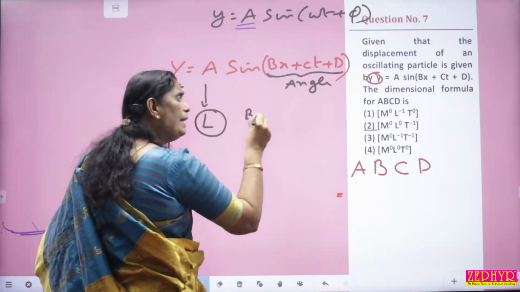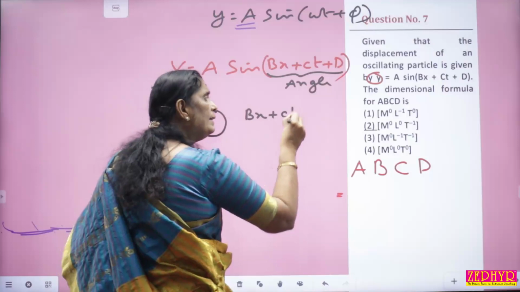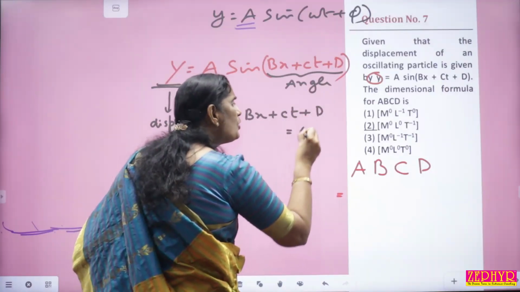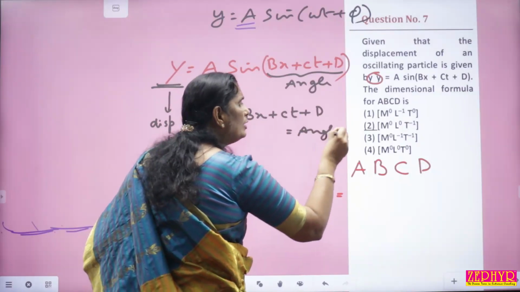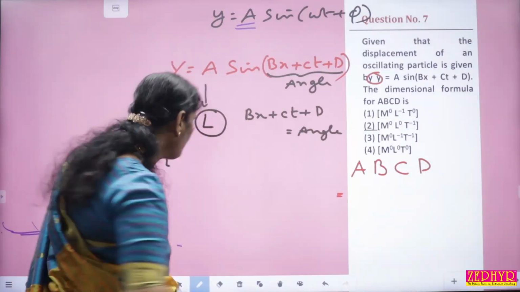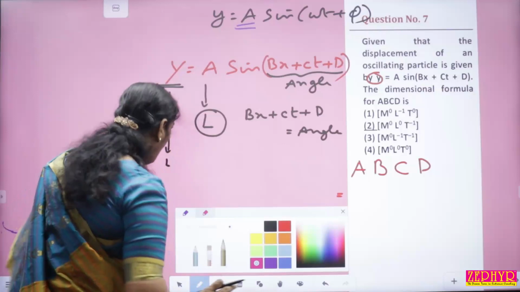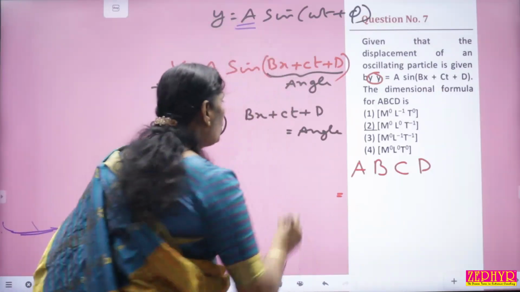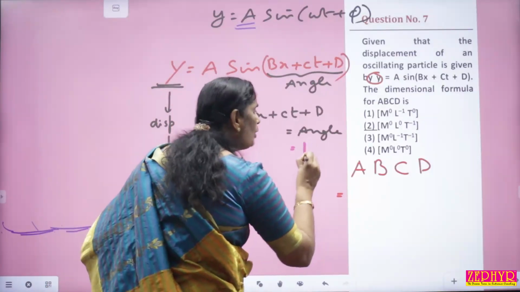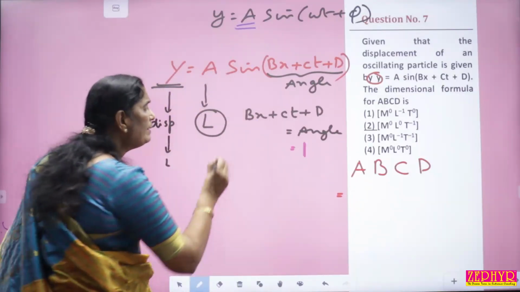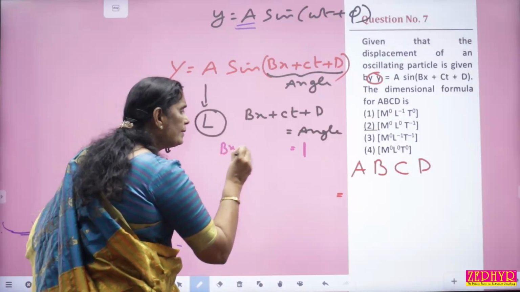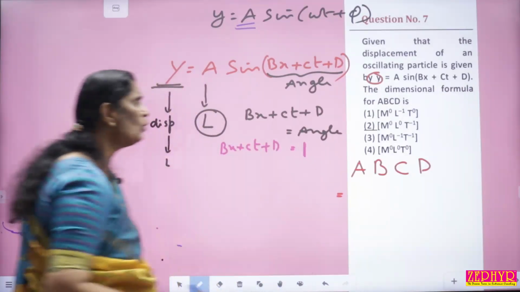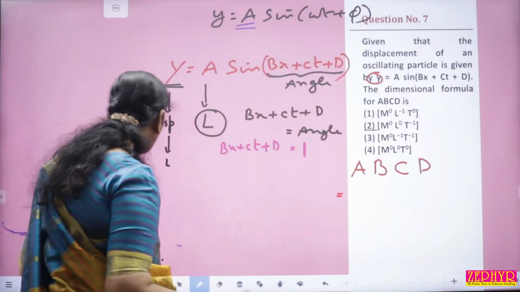That means bx plus ct plus d all belongs to angle. But for angle, what is the dimension? M raised to 0, L raised to 0, T raised to 0, that will be equal to 1. So I will write 1. So now it is like an equation: bx plus ct plus d is an angle, so 1.